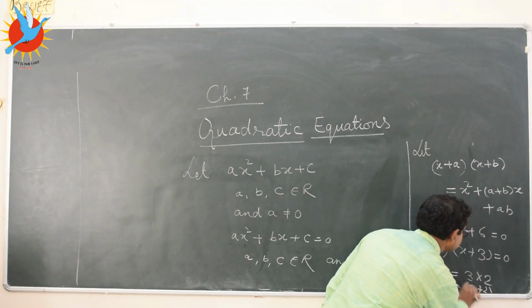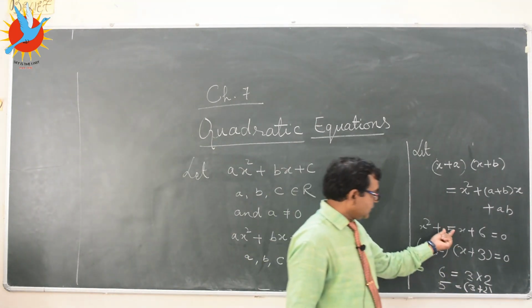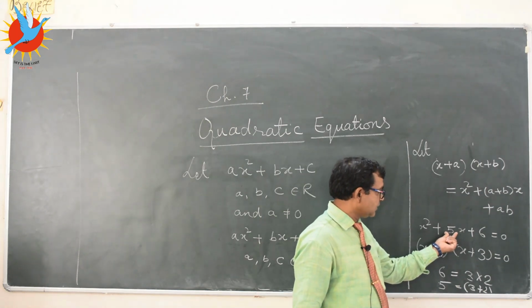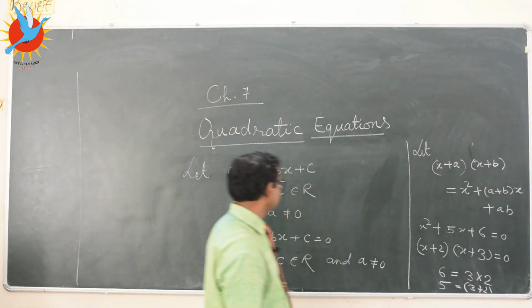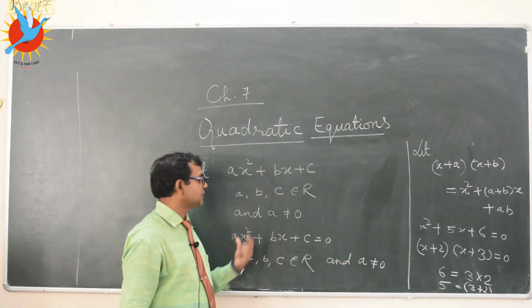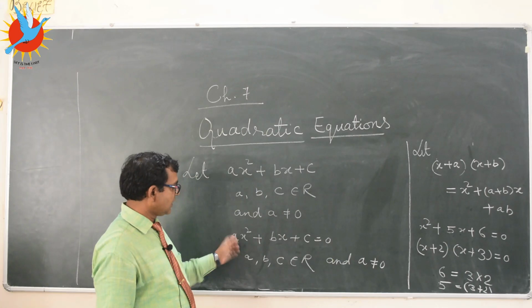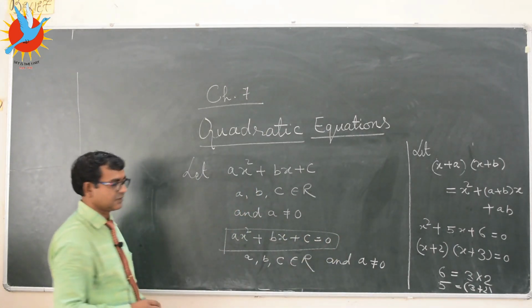So what we are seeing here is, if you are able to split the middle term into two parts, then you will be able to find the linear factors of this quadratic polynomial, and then you will get the solution of this quadratic equation.